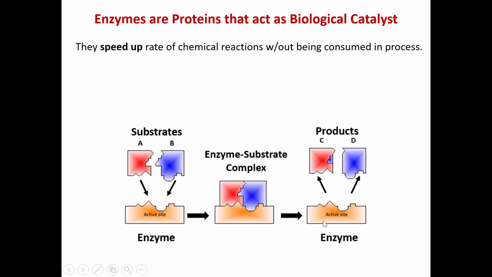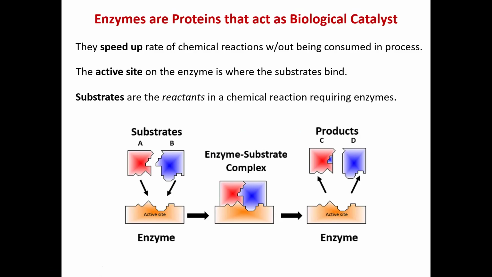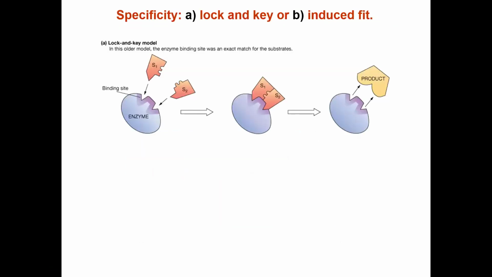Then the catalysis will occur, and you have your products C and D, with the enzyme now being intact. So the active site of an enzyme is where the substrate binds, and substrates are the reactants in the chemical reactions requiring enzymes.